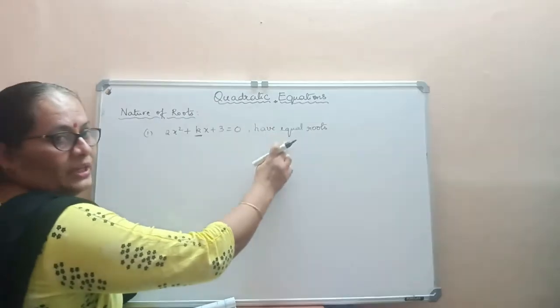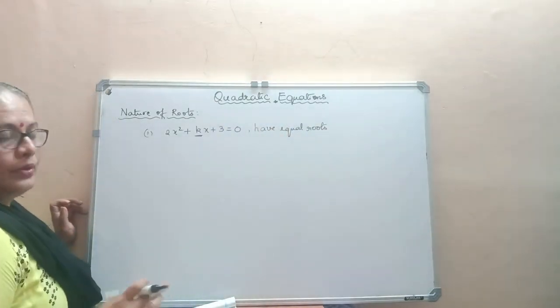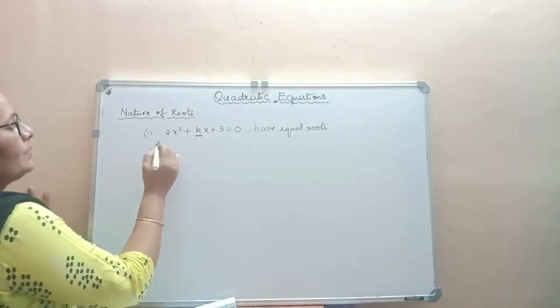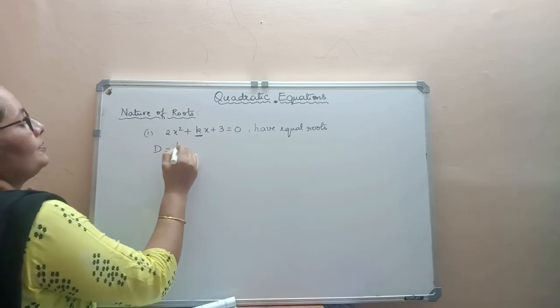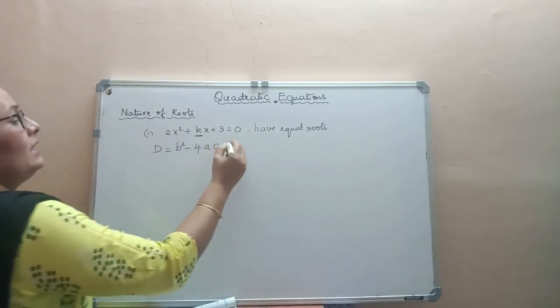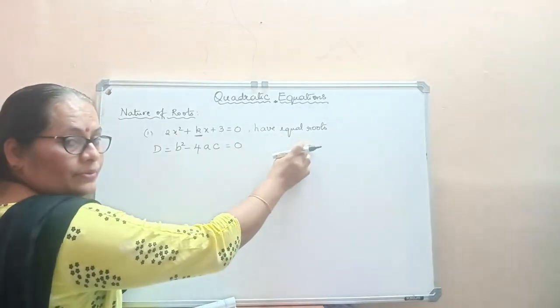What is the condition given? It has equal roots. So first we will apply the equal root condition. What is that equal root condition? D equals to b square minus 4ac. So D is equal to 0, then only we will get equal roots, right?